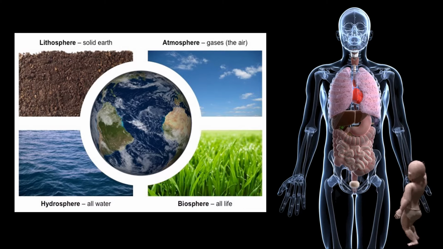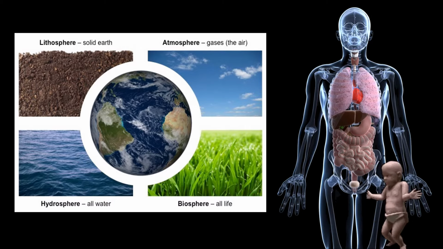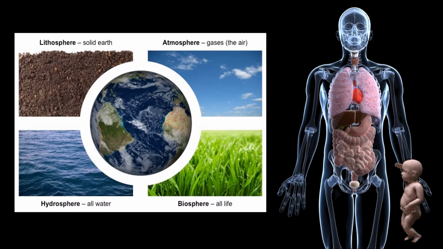All human body systems work together to maintain a well-functioning and healthy body. On Earth, each of the four spheres or systems must keep itself in balance. A change in one system will affect other systems.